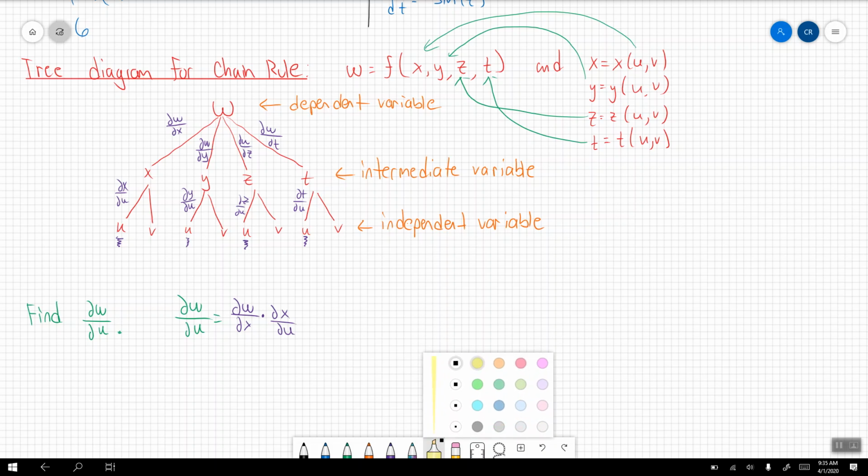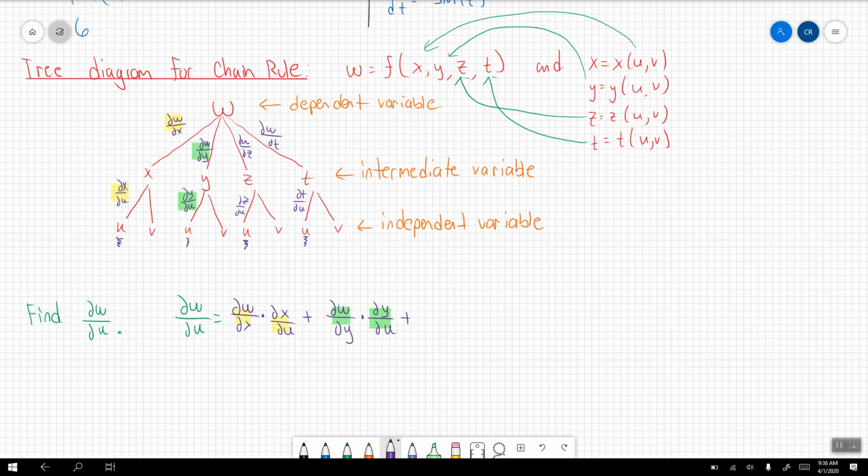And that piece came from these two here. Then plus, second branch, the partial of w with respect to y times the partial of y with respect to u. And that one came from these two.